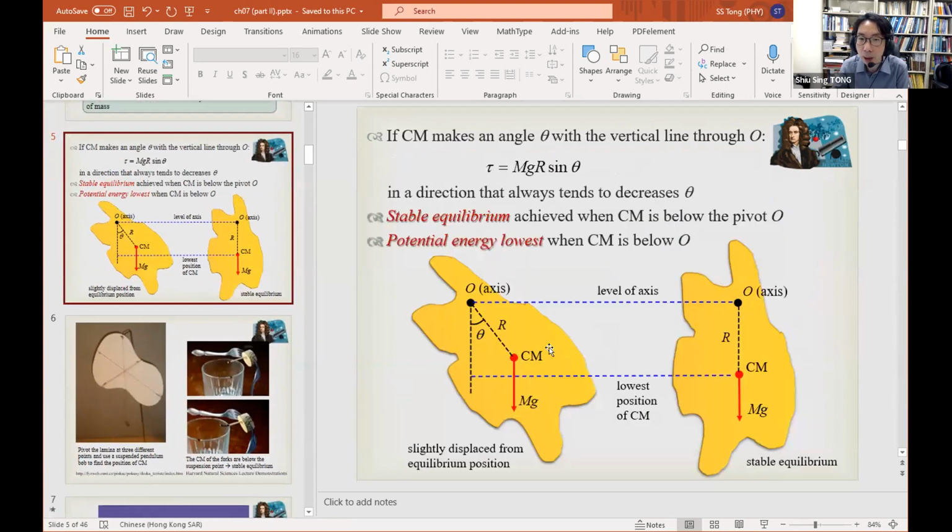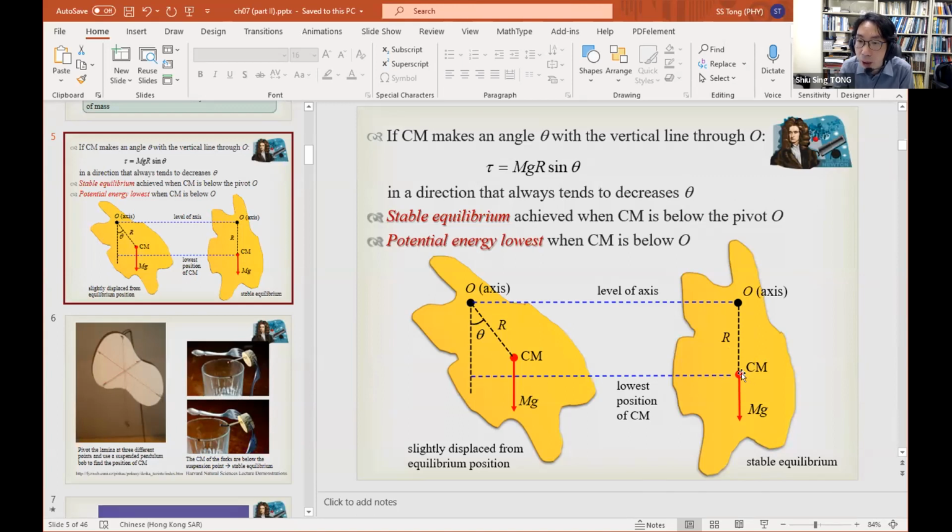We also discussed a hanging object, an object that is pinned about a point, free to rotate about this axis O, and we say that the object will be at a stable equilibrium if its center of mass is directly below the point of suspension. In the figure on the right, the center of mass is exactly below the point of suspension, and that is the most stable equilibrium position.